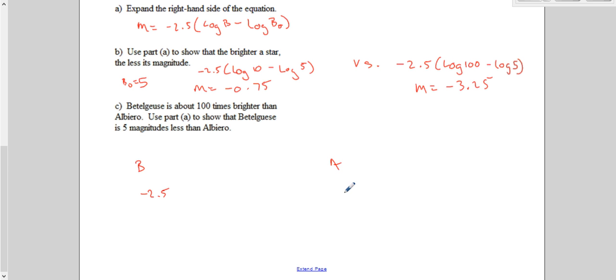And if I say Aldebaran is, let's say 10, so we'll use log 10 minus the log 5. Or 100 times brighter would be 1,000. So I'm going to have log of 1,000 minus log 5, and I'm going to compare those and see what happens.